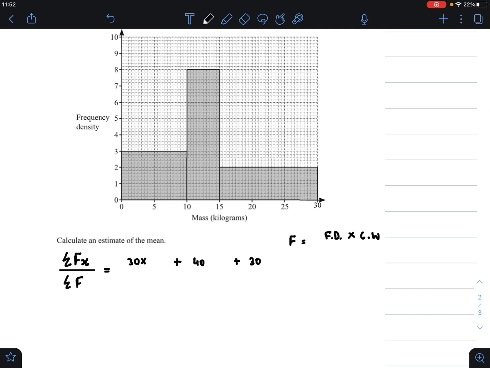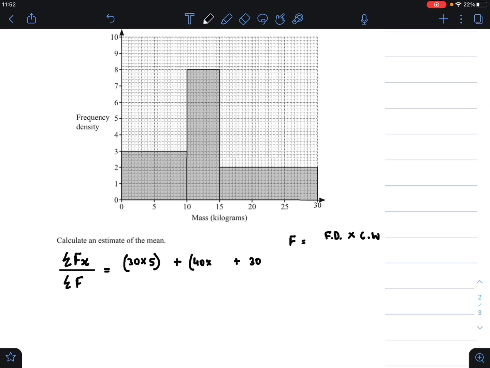So the class for the first frequency that we found, which is 30, is 0 to 10. So the midpoint of that would be 5. To find the midpoint, all you need to do is add the two ends of the class width and divide by 2. So 0 plus 10, which is 10, divided by 2. Like that you do for the rest of the frequencies as well.